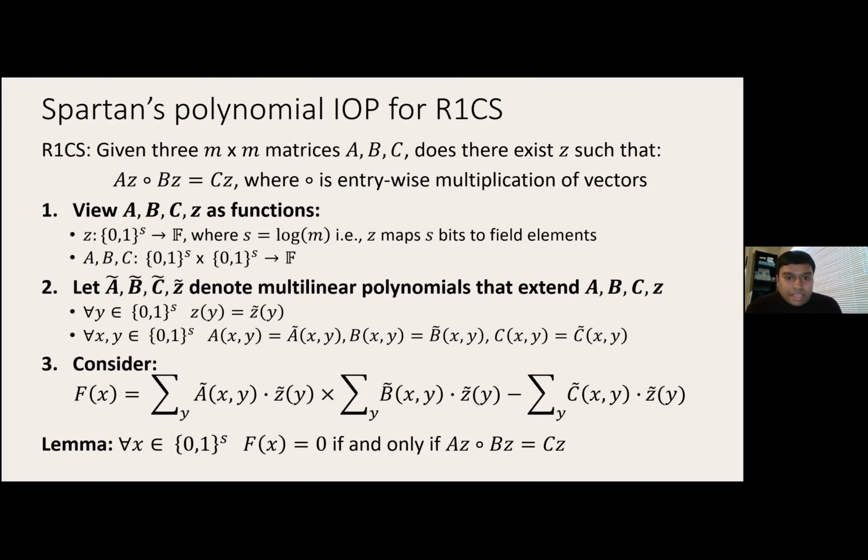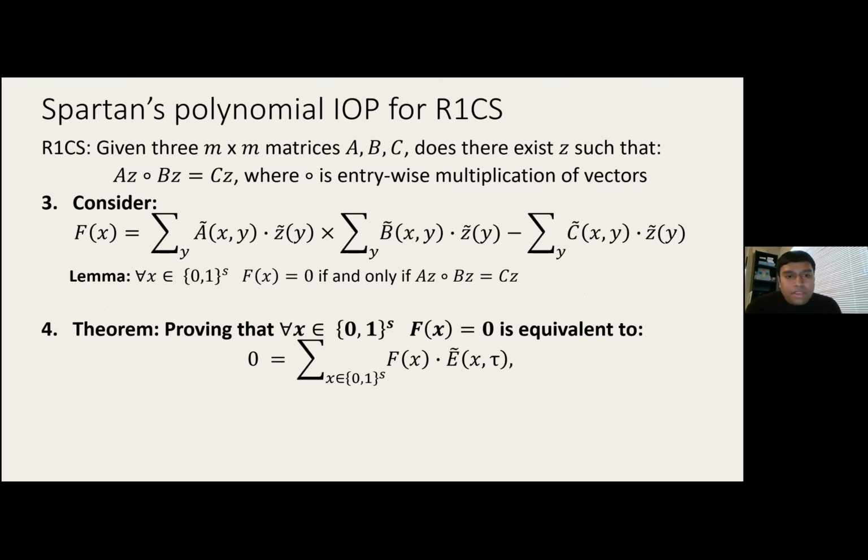It's pretty easy to look at this equation and see why this is true. It's just checking each of the constraints in the original R1CS. It multiplies those matrices, and then checks if each constraint is satisfied. But we aren't quite done here, because we need an instance to which we can directly apply the sum-check protocol. So we take evaluations of f and take a weighted sum with another polynomial that I denote here by e tilde.